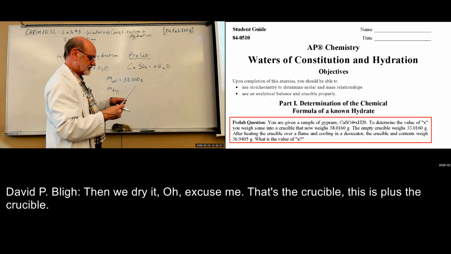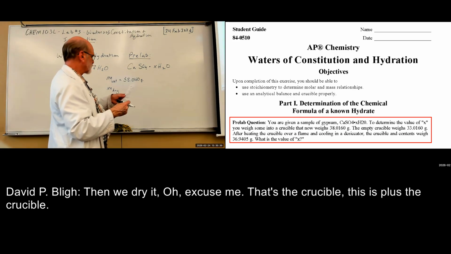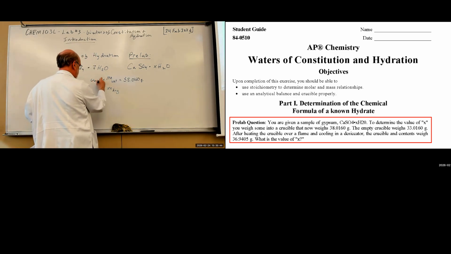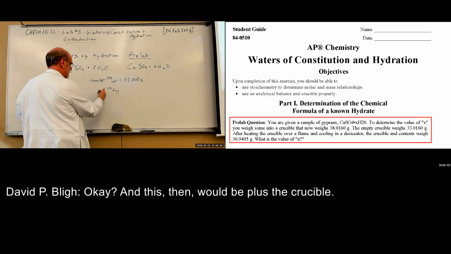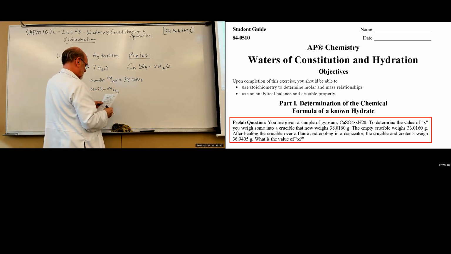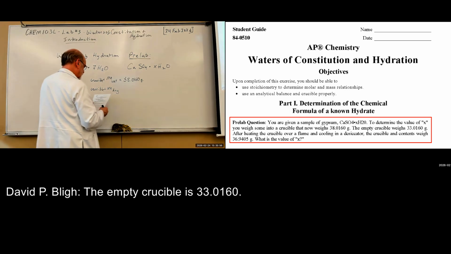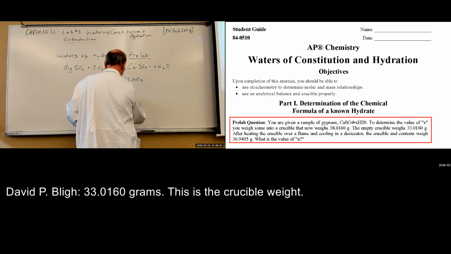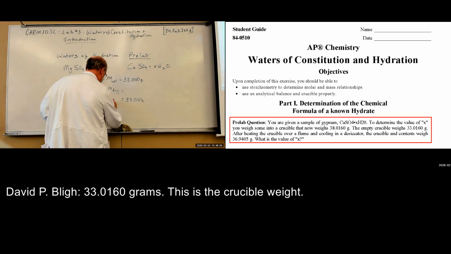Then we dry it. Oh, excuse me. That's the crucible. This is plus the crucible. And this then would be plus the crucible. Yeah. The empty crucible is 33.0160 grams. This is the crucible weight.